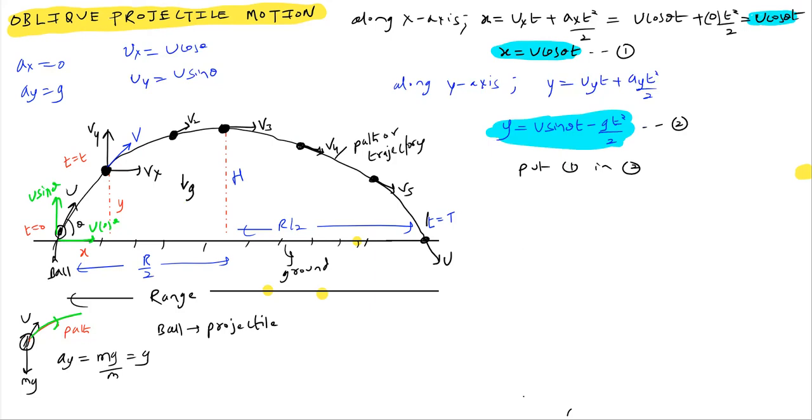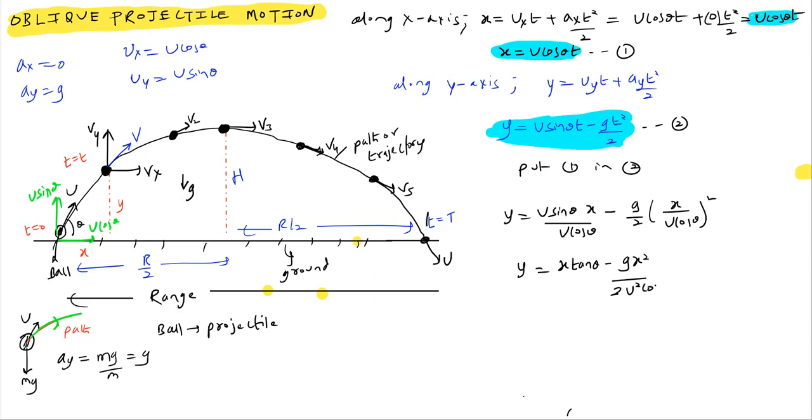Substituting 1 in 2, we get y equals u sin theta times x by u cos theta minus g by 2 times x by u cos theta whole square. So this will be y equals x tan theta minus g x square by 2 u square cos square theta.